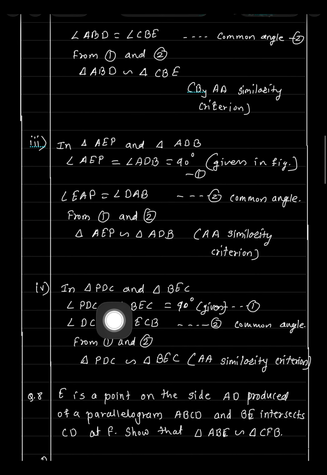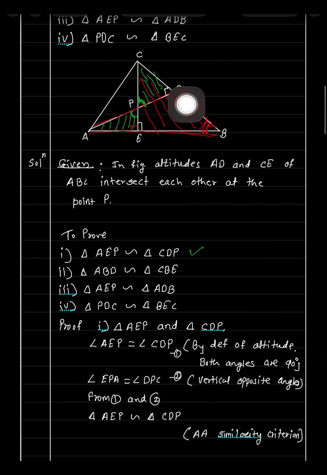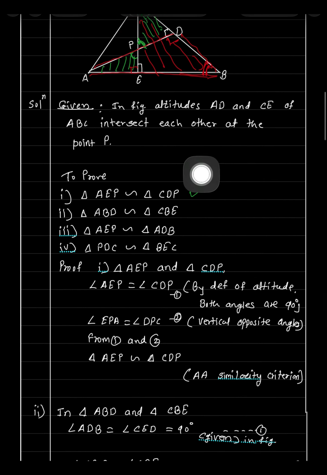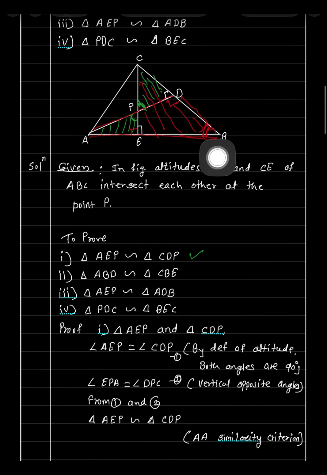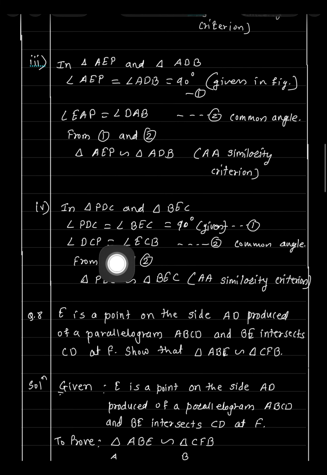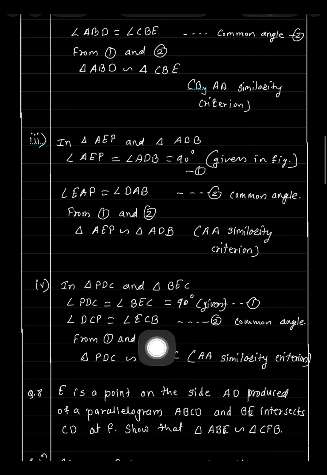In the same way, the fourth: PDC and BEC. Here also it comes the same way. Angle PDC equals BEC, which is 90 degrees, as it is already given.